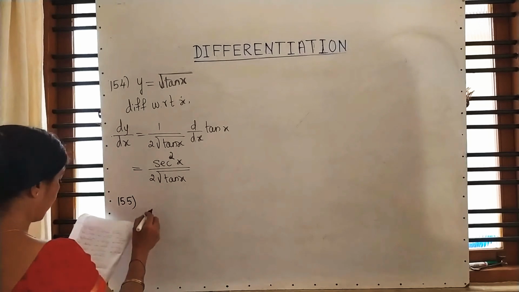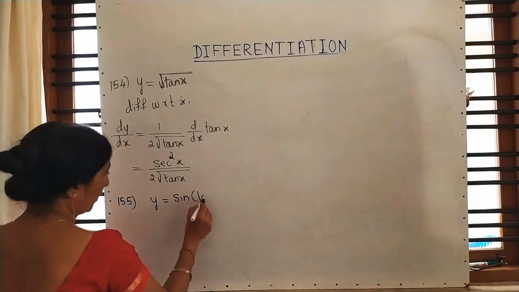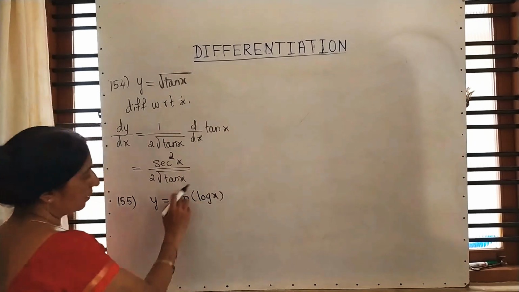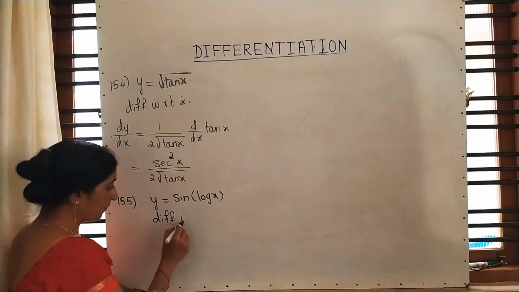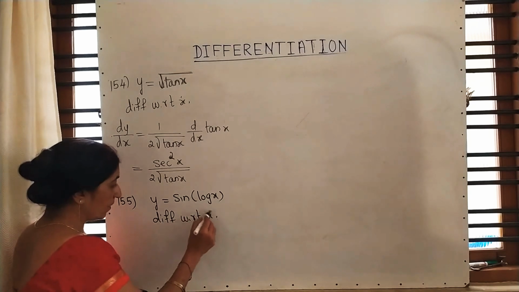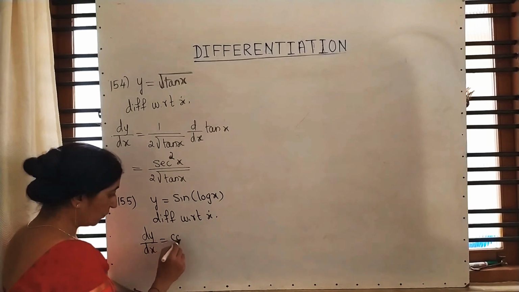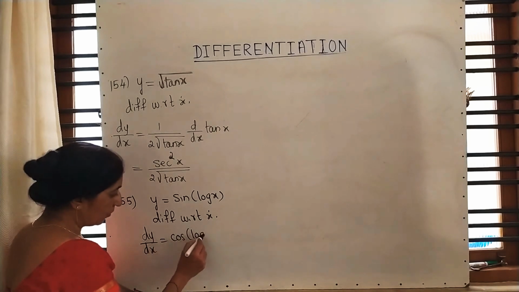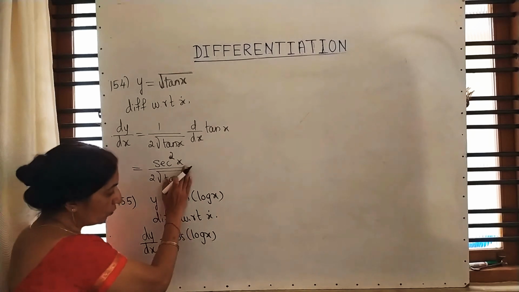155. y is equal to sine of log x. See, there is no power. That means first we have to differentiate the trigonometric term. What is the differentiation of sine? Differentiation of sine is cos. Keep the angle; the angle is log x. That means we differentiated the trigonometric term. Close the trigonometric term.